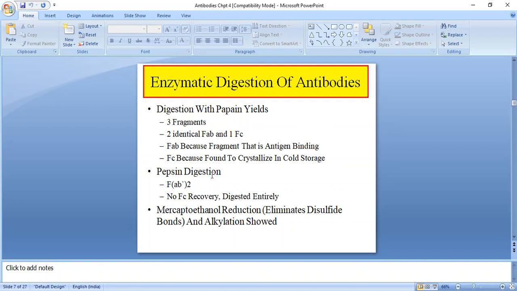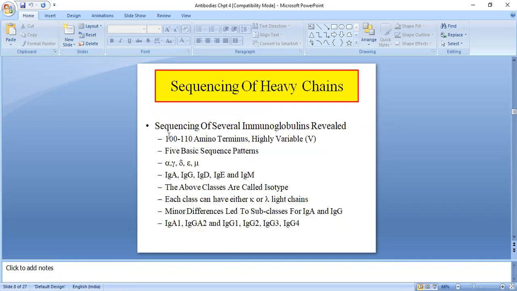Likewise, we sequence a heavy chain. See, 100 to 110 amino acids at the terminus are in the highly variable region of the heavy chain. It is called variable because there are various types of immunoglobulins.